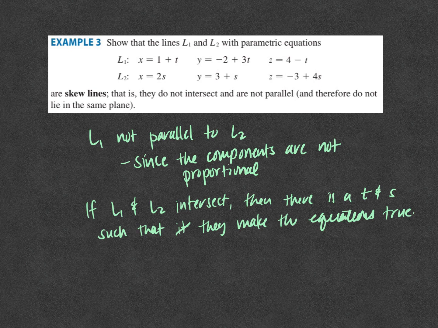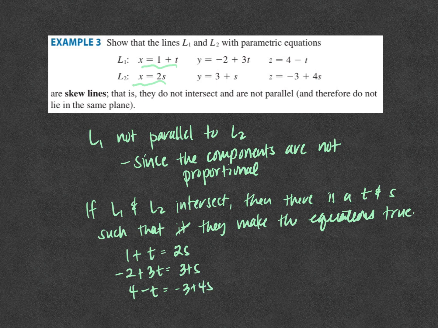All right, so we know that x equals 1 plus t and x equals 2s. So let's set them equal to each other to find our point of intersection. So 1 plus t equals 2s. For the y's, we have negative 2 plus 3t equals 3 plus s. And for the z's, we have 4 minus t equals negative 3 plus 4s.